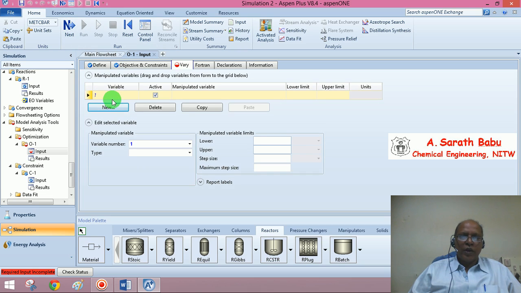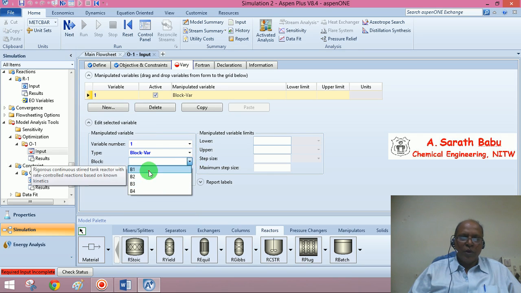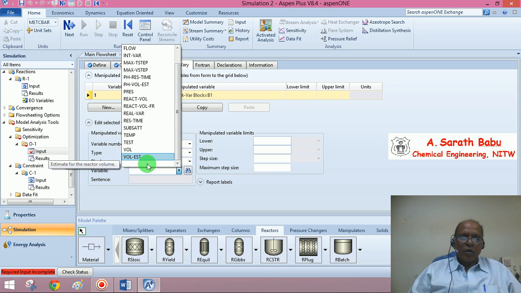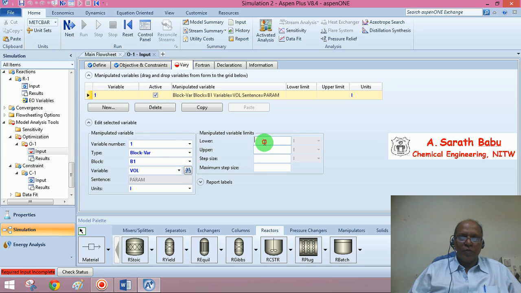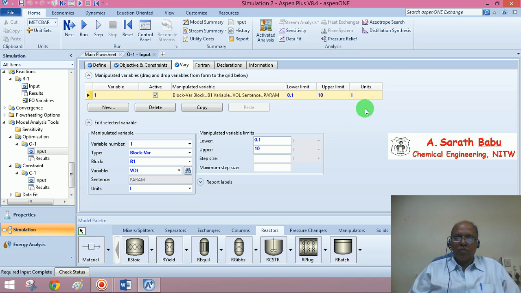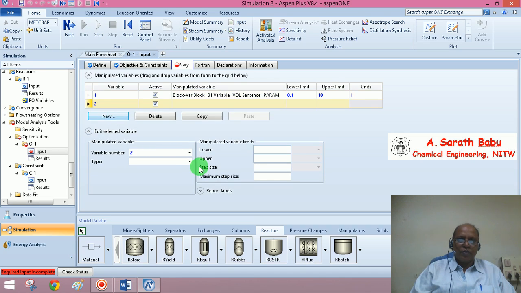What is it that we are trying to vary? So we would like to vary all the 4 reactor volumes. B1 volume. So you can say some lower limit 0.1 to about 10. Say next new.